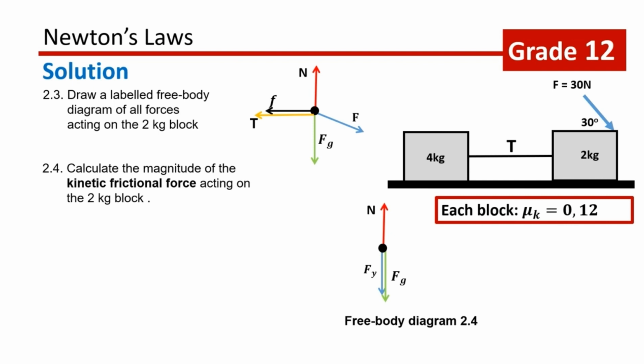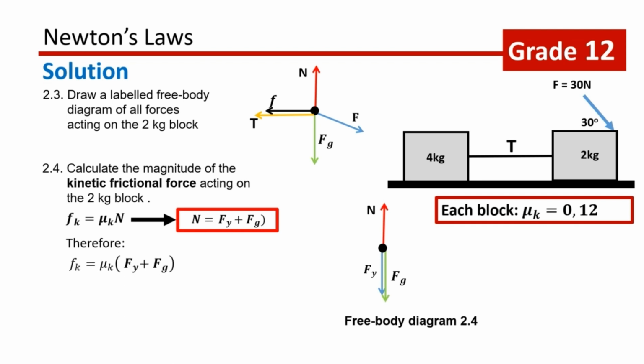Remember, sum of upward forces equals sum of downward forces. And from Fk equals mu k times N, where N equals Fy plus Fg, we have Fk equals mu k times (Fy plus Fg), where Fy equals F sine theta. In this case, theta is 30 degrees and Fg is just simply mg.